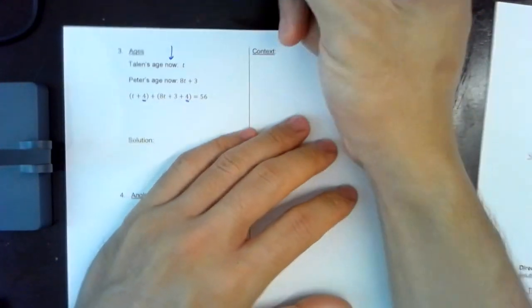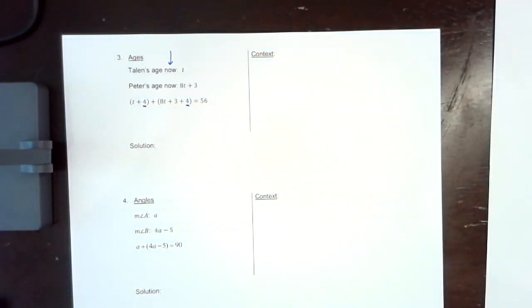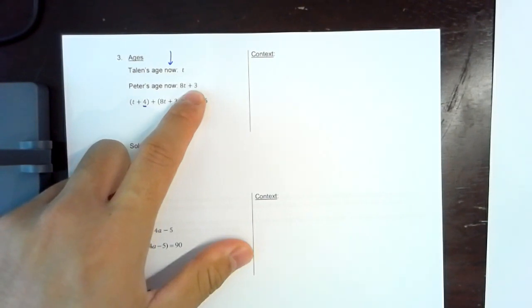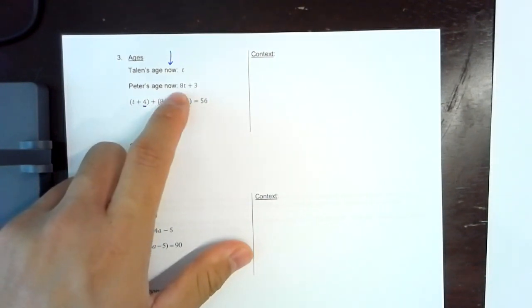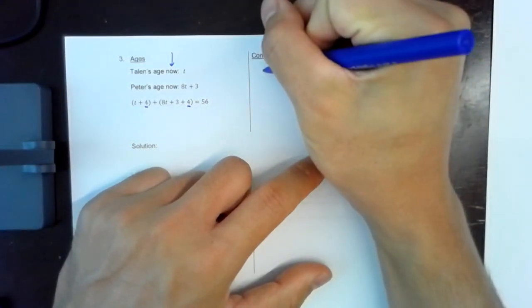Well, I think the first thing we want to do is compare Peter to Talon. So how would you compare Peter to Talon? Would you say Peter is currently 3 years older than 8 times Talon's age? Yeah, let's write that.